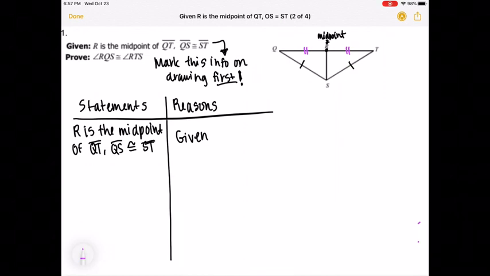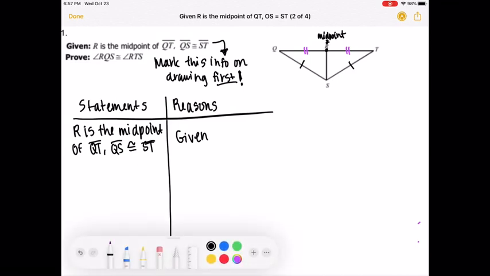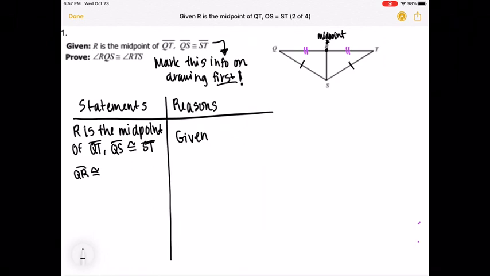I know that because it's the midpoint, and I can go ahead and write that now. So QR is congruent to segment RT, and we know that because of the definition of midpoint.